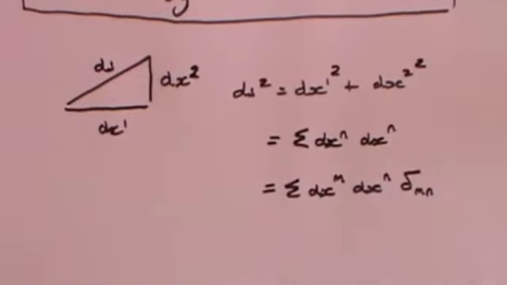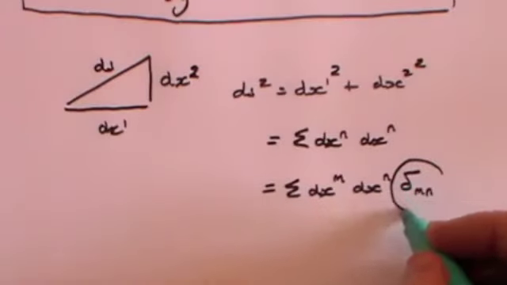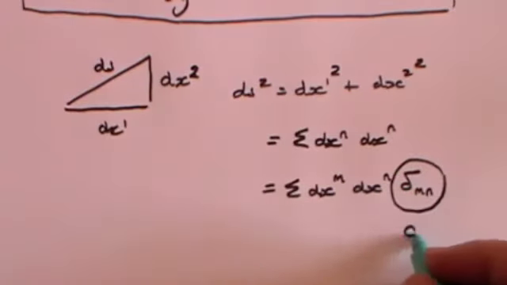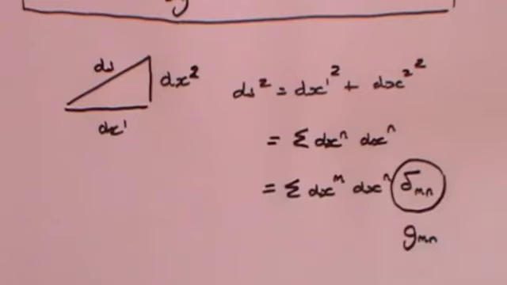And we said that on flat space, that is essentially gmn for flat space. It's not true for curved space. Indeed, that's the reason you have the metric tensor gmn. It corrects Pythagoras for curved space.